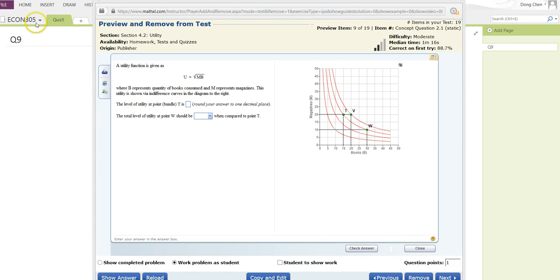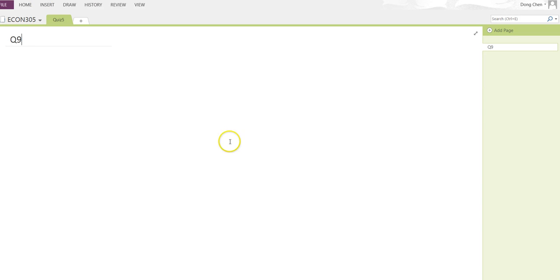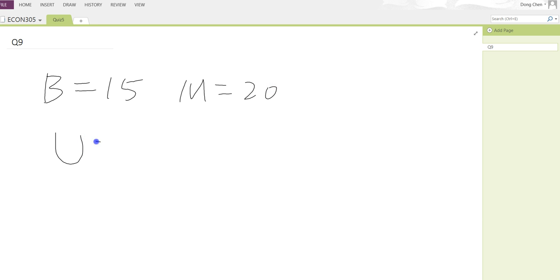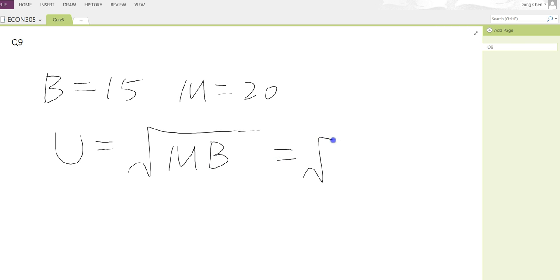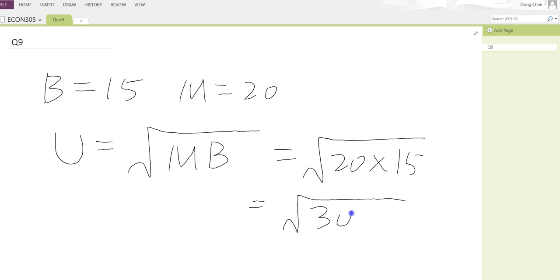Basically, let me write down what I just said. B equals 15, M equals 20, and U equals the square root of M times B. Hence, this equals 20 times 15, and this equals 300, square root of 300.